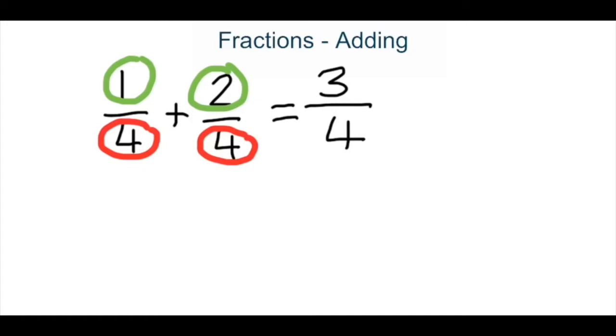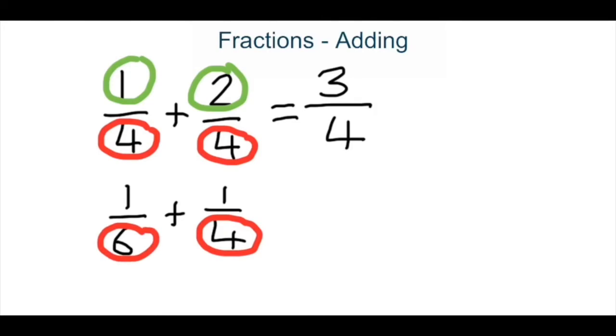But what if our denominators are not the same? What if we do 1/6 plus 1 quarter? Well, now we have to look for a number that will make these two denominators the same.